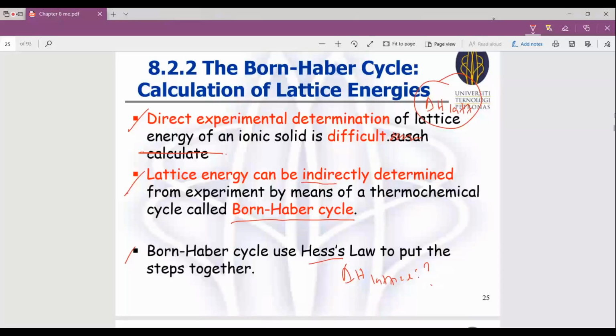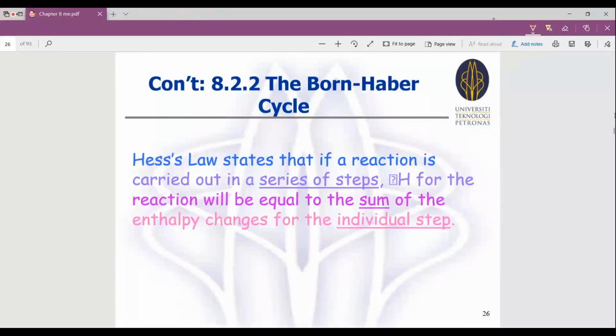Hess's law states that if a reaction is carried out in a series of steps, the delta H for the reaction will be equal to the sum of the enthalpy changes for the individual steps. So you must add up all the individual steps in order to get the delta H lattice.